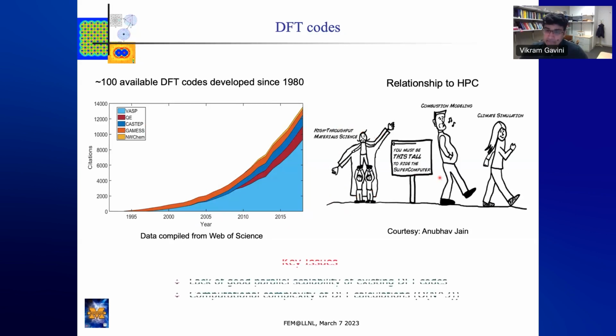And the main reason is twofold. One is that the existing codes do not scale very well on parallel computing architectures, because many of these codes are either based on plane wave discretization, so Fourier transforms may not scale beyond a particular point, or they're based on atomic orbital basis, which again is a global basis, and then one may not get good parallel scalability.